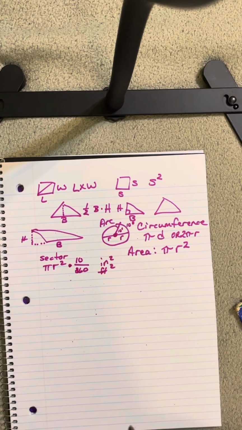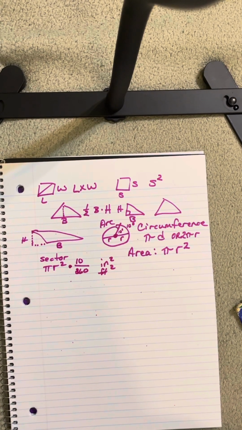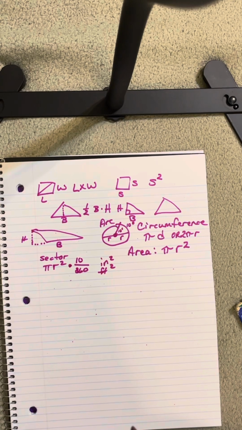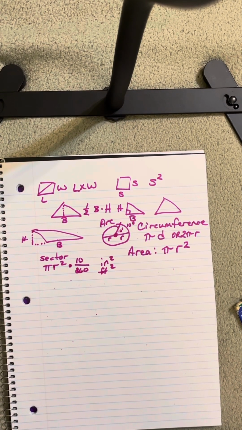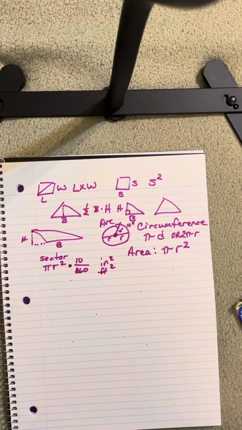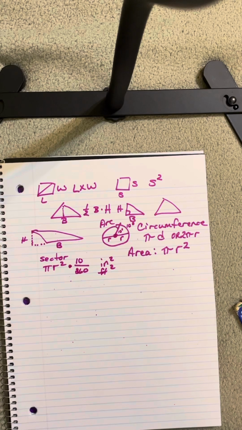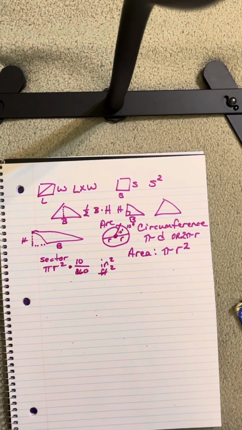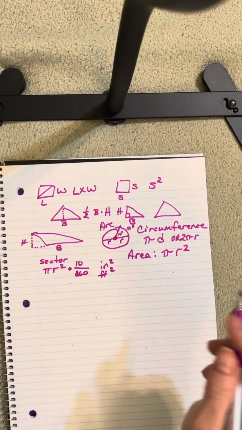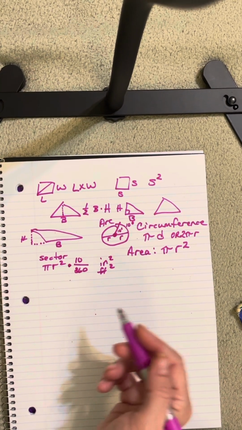You see there is an actual example 1.1 on page 10, and it says the measure of the central angle of the unshaded sector is 126 degrees, and it's labeled in the picture. The radius of the circle is 2 times root 5 inches. Find the area of the shaded region of the circle. So we are going to find the area of the entire circle.